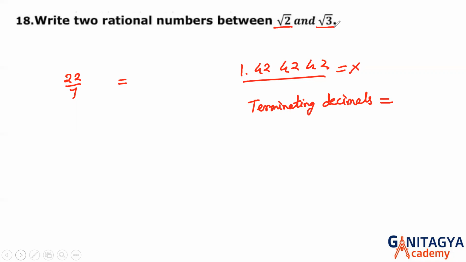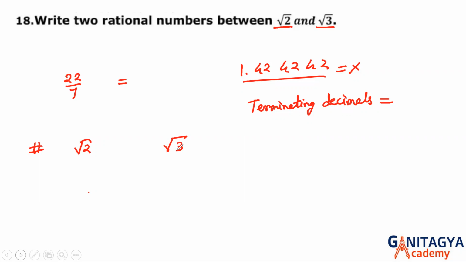Terminating decimal numbers will be called rational numbers. So the numbers you have are under root 2 and under root 3.